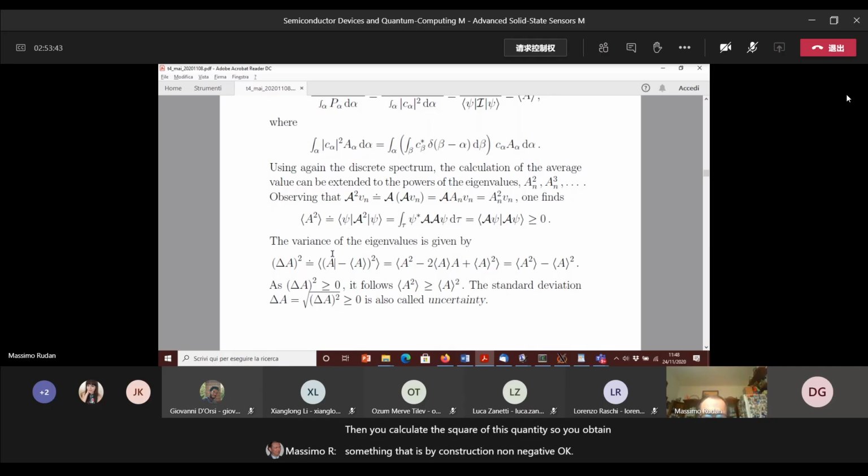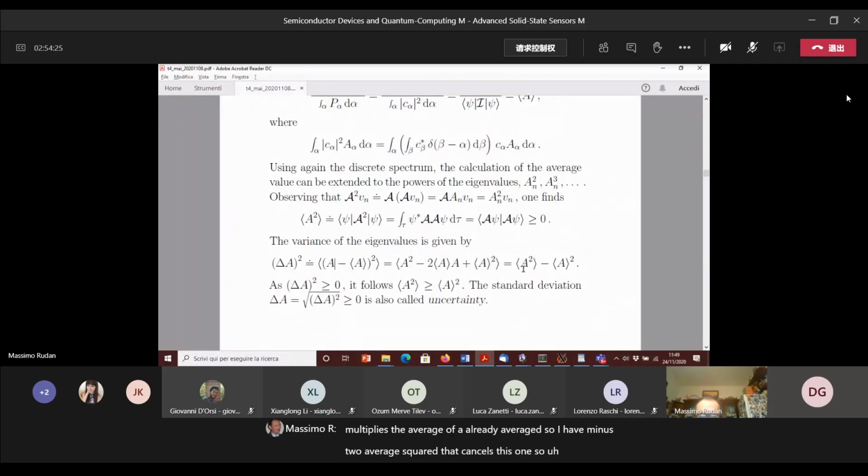If you perform the calculation, you obtain A squared minus 2 the average of A times A plus the average of A squared. But you see immediately that there is another average around by construction. So the average of A gets averaged and multiplies the average of A already averaged. So I have minus 2 average squared that cancels one of them.